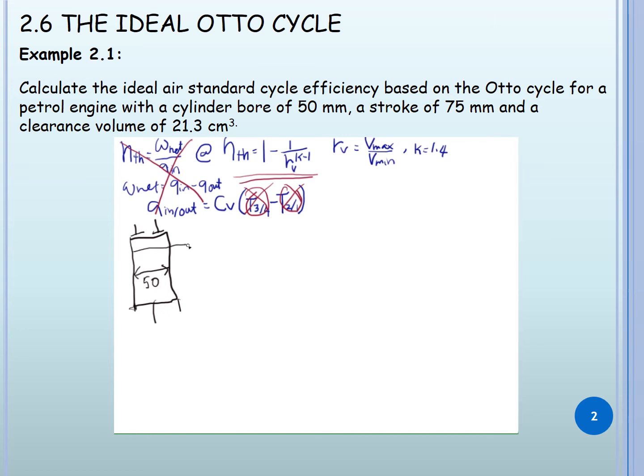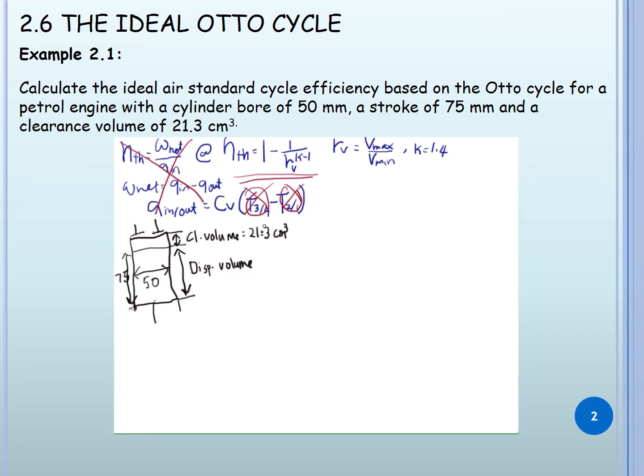This is TDC, this is BDC, and this is the stroke, 75. In this example, they also give us the clearance volume of 21.3 centimeter cubic. And we have the displacement volume here, which we call the displacement or swept volume.